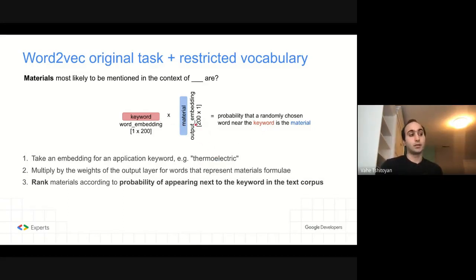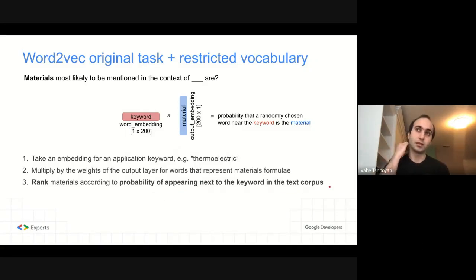You can get these probabilities again by just doing a simple dot product. You take an embedding for an application keyword like thermoelectric, multiply it by these output embeddings of the materials, and then you rank the materials according to probability of appearing next to the keyword in a text corpus.